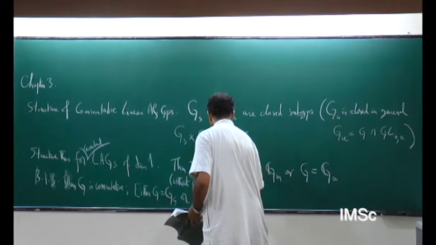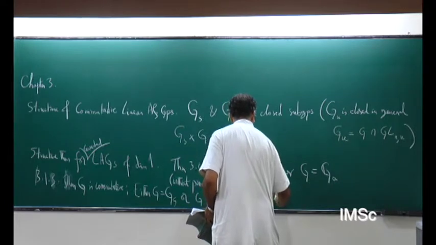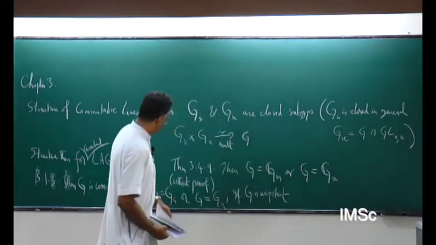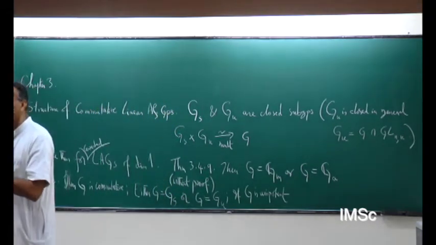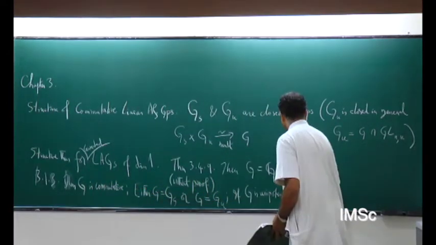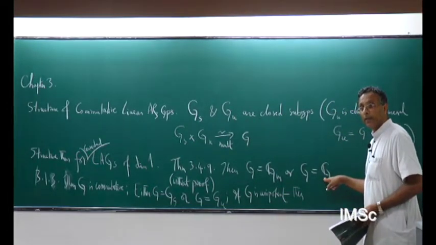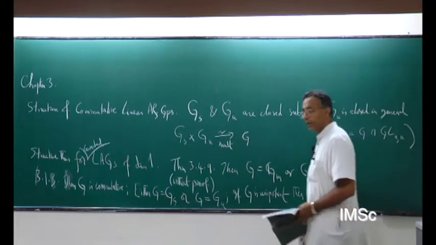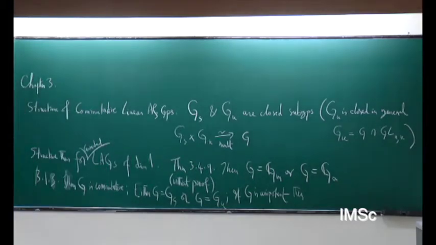And then if G is unipotent, recall that a group is called unipotent if each of its elements is unipotent. If G is unipotent, then it must be this. In particular, if you take any element of the underlying field, and if you are in positive characteristic, then you add it to itself p times, it becomes 0. So it has order p.